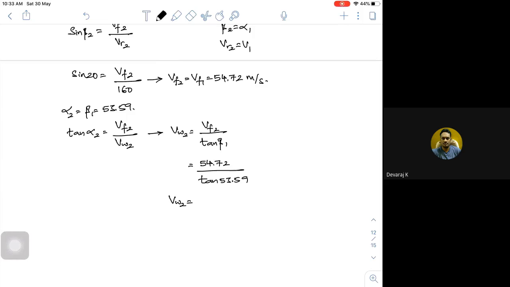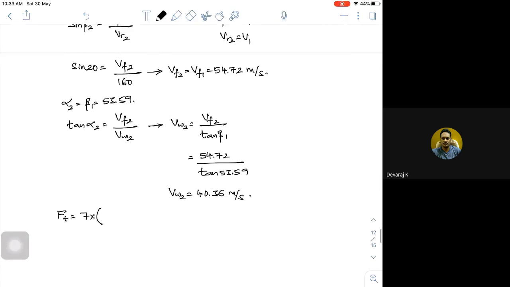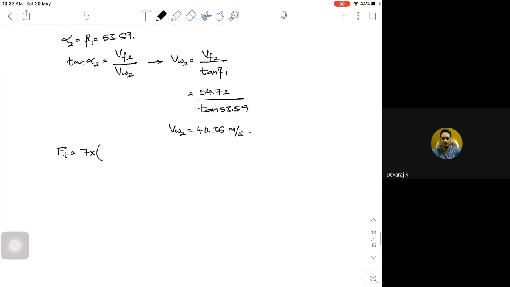40.36 meters per second. Now, what is my tangential force in that case? My tangential force is equal to your mass flow rate, 7, into your VW1, 150.35, plus 40.36.